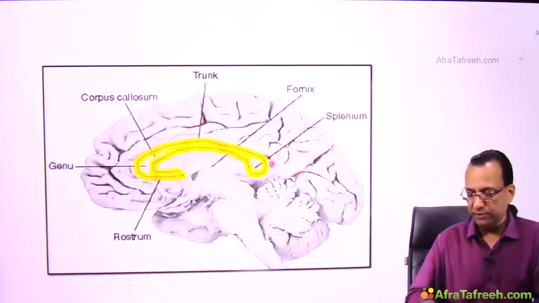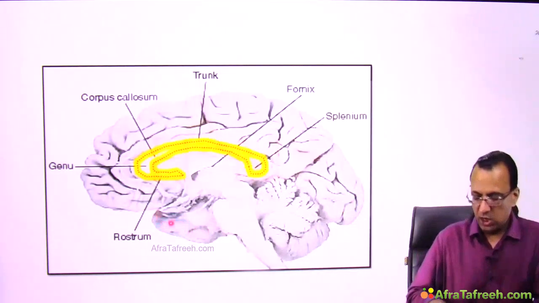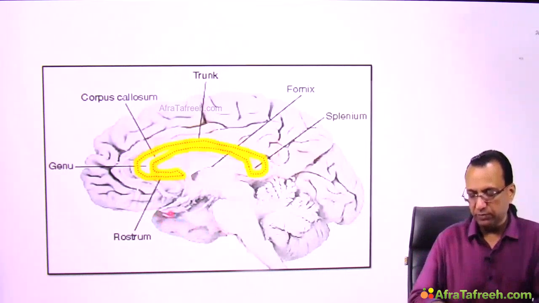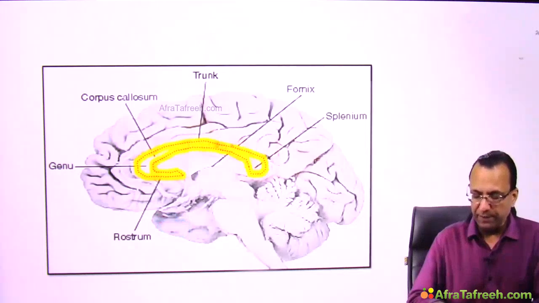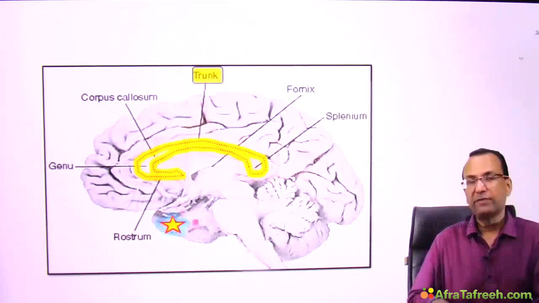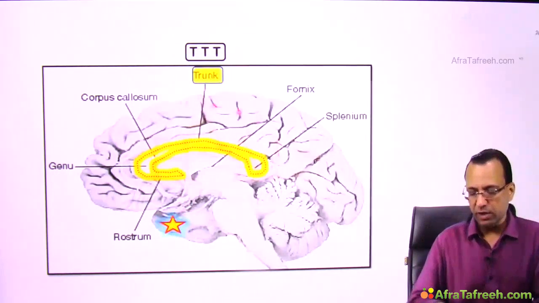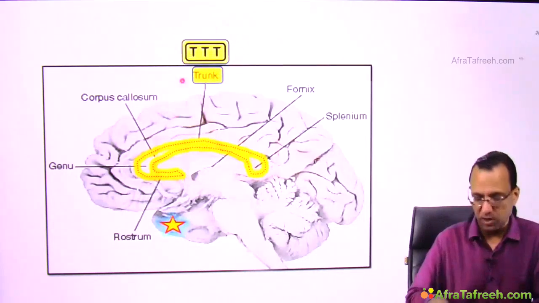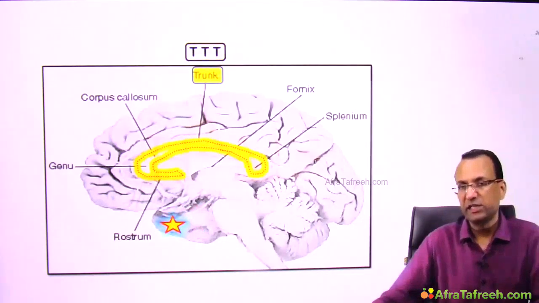But if you want to connect the temporal lobe of the left side with the right side, then the fibers will be passing in the trunk region. Those were tapetum fibers. So tapetum fibers use the trunk region to connect the temporal lobe of right side, left side. You can remember TTT. What is TTT? TTT means in the trunk region of the corpus callosum, you have tapetum fibers which are going to connect one temporal lobe with the other temporal lobe. TTT.